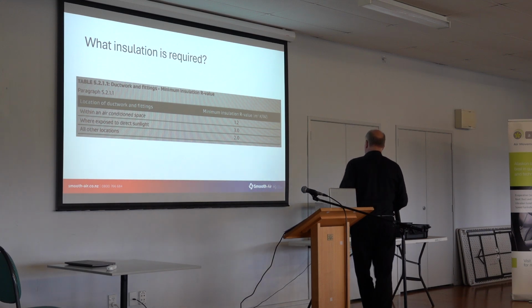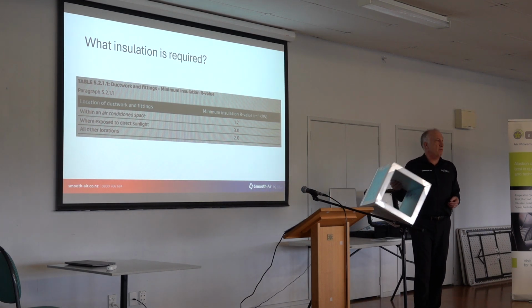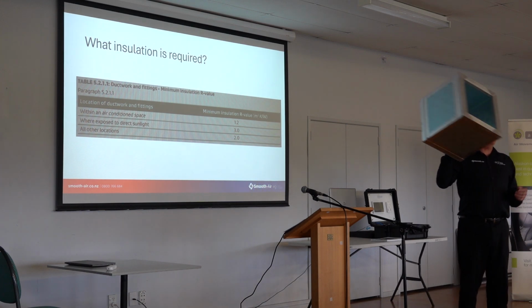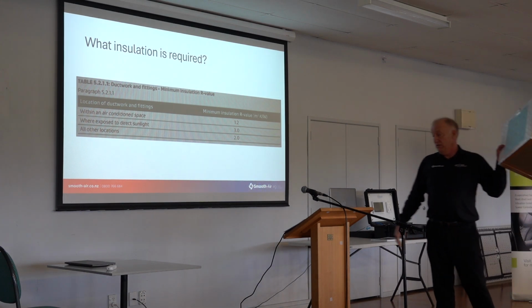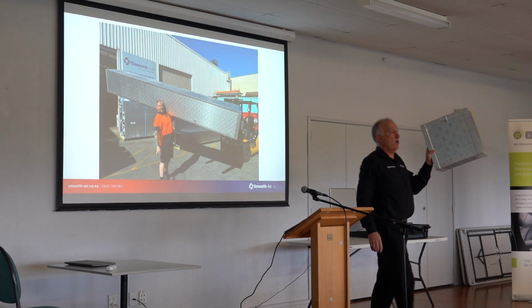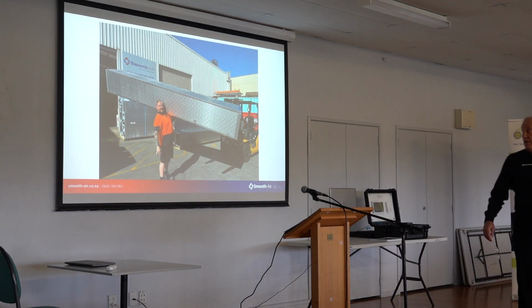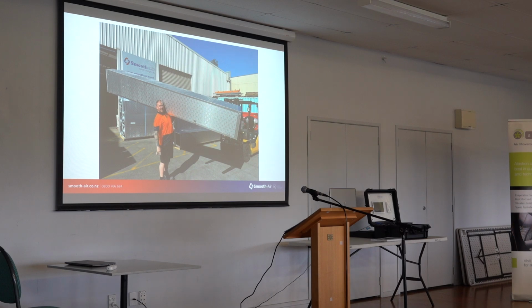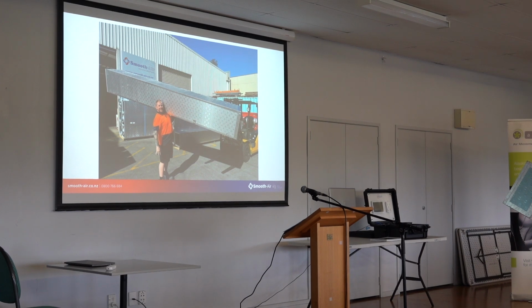So, I went for Smooth Air, so I brought along a Smooth Air product. Imagine this product, which is a PIR duct, is 4 metres long, and instead of being 400 wide, it's 600 wide. It weighs about 1/8 as much as if you were to wrap galv duct.